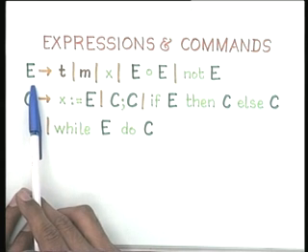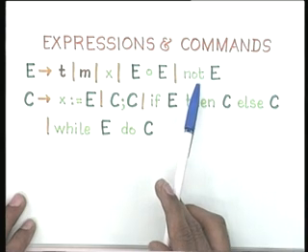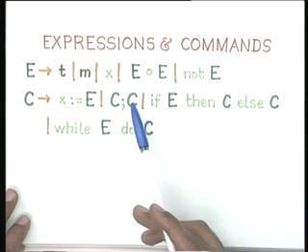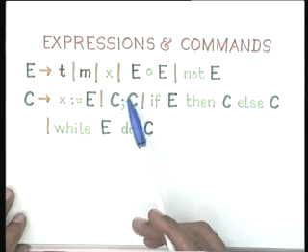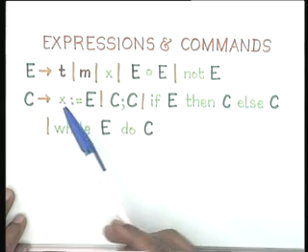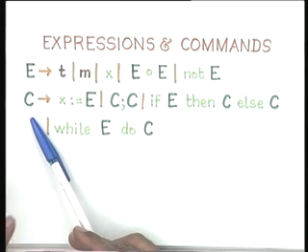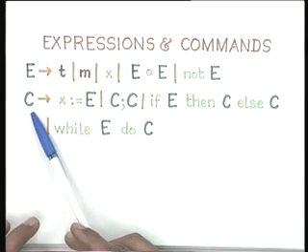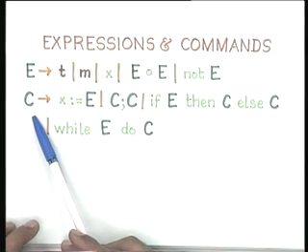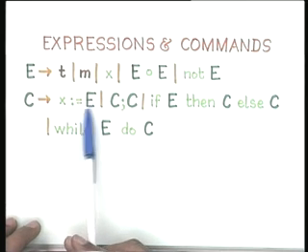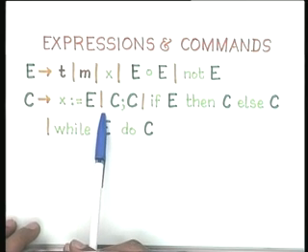As far as commands are concerned, expressions denote values, so they have a type. Depending on what value it is supposed to return, it will have a type. Whereas, when you are looking at commands, commands just change state. So, commands really do not have a type, except that we should ensure that the underlying expressions are well typed.